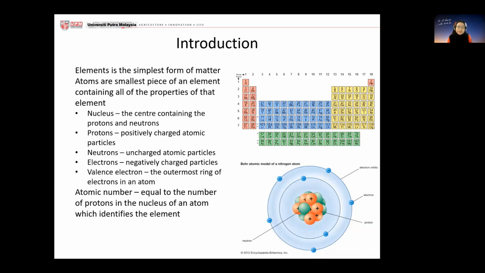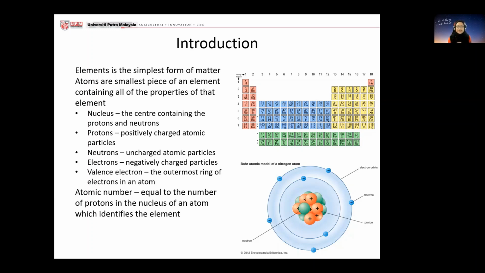Elements are the simplest form of matter, and they're made of atoms. An atom is the smallest piece of an element, and it contains all the properties of that element. In atoms, there are a few different components.